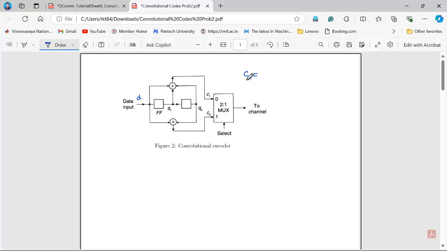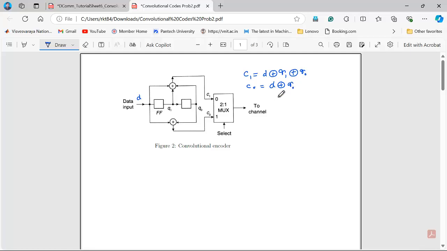C1 is the combination of these three, so we can write D modulo 2 with Q1 modulo 2 with Q naught. You can see Q1, Q naught and D here. In the same way, C naught is the combination of Q naught and D, so I can write D modulo 2 with Q naught.